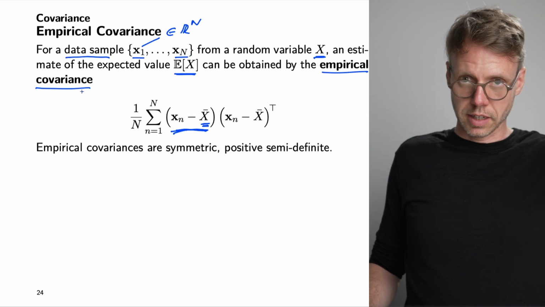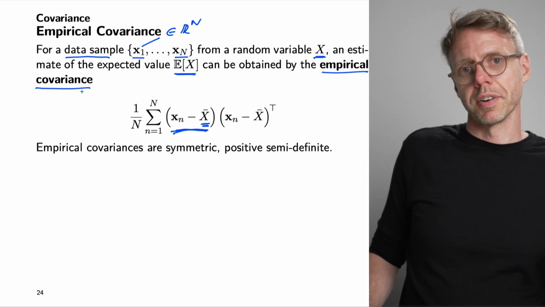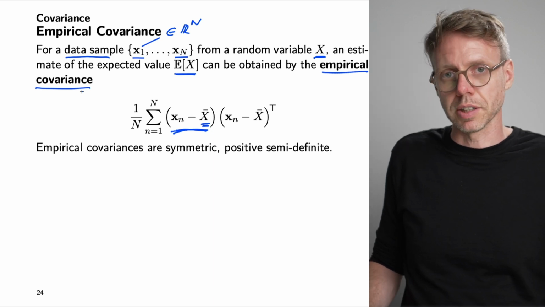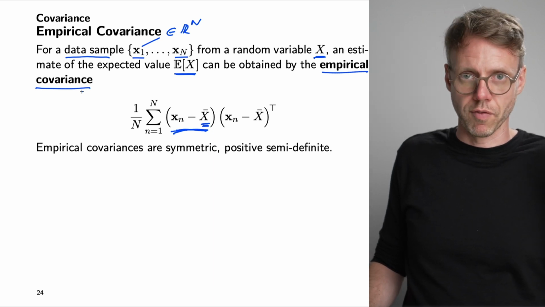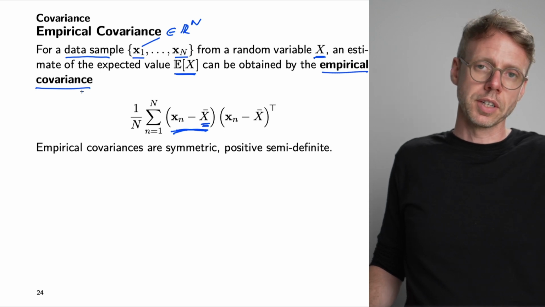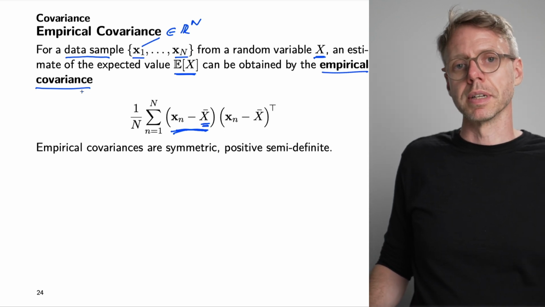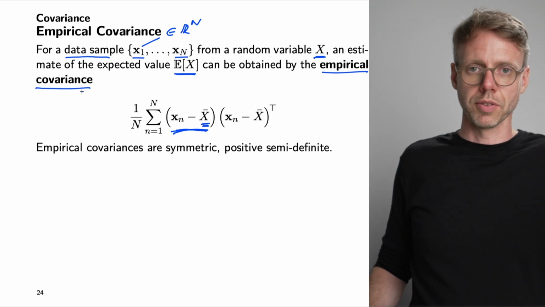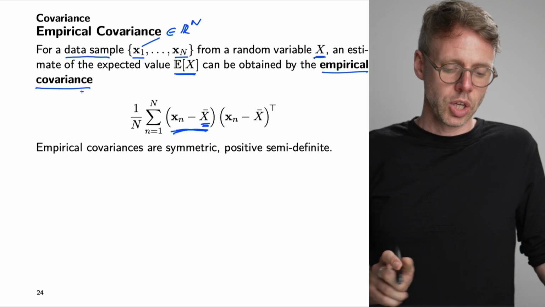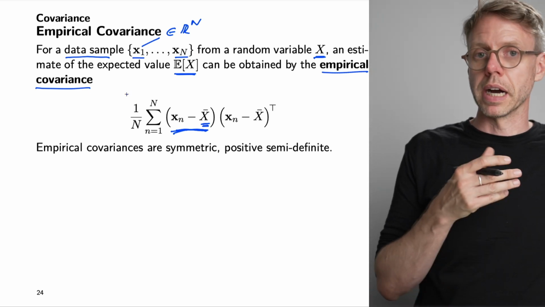Again, the diagonal entries of this empirical covariance will be estimates of the variance. They will actually be identical to the empirical variance of that dimension. And the off-diagonal entries will be estimates of the covariance of the two different components. And similarly, you could here also do bias correction.